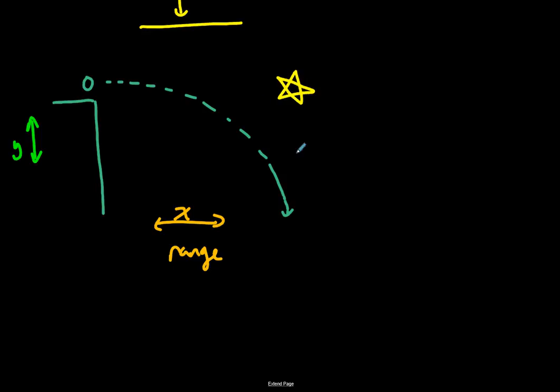Something to note about this scenario. You have 2 motions happening at once here, right? You've got motion that way, and that's going to be constant. If we ignore air resistance, whatever velocity this object has to begin with in the horizontal plane is unaffected by gravity. Gravity acts at a right angle to that forward motion. And then we have a separate accelerated motion in the y-plane, so we have an increasing velocity in this direction.